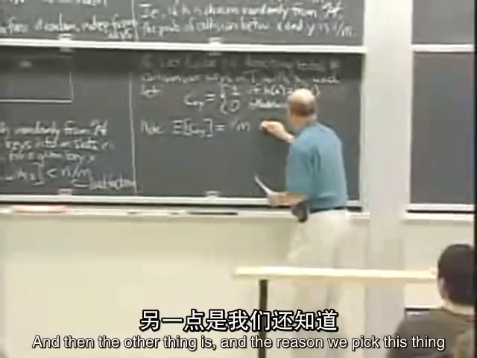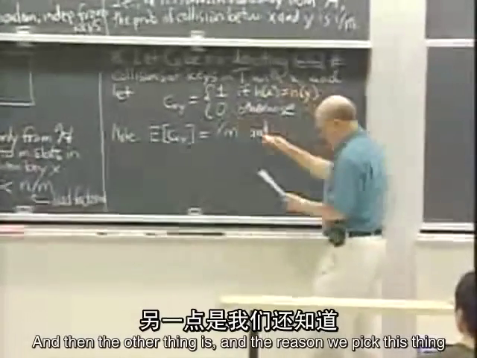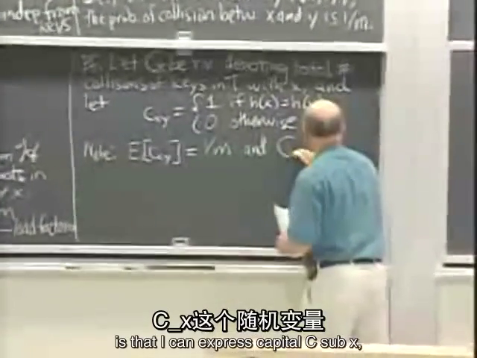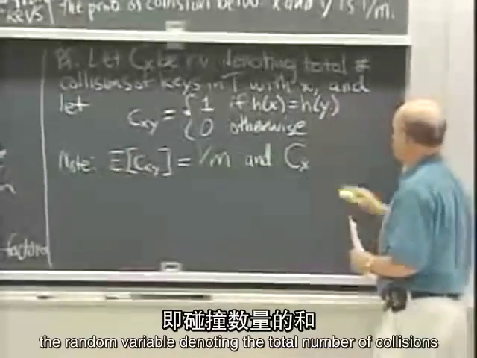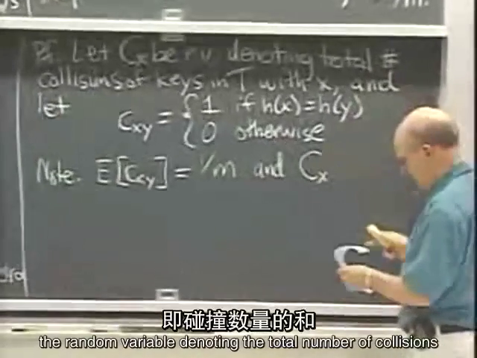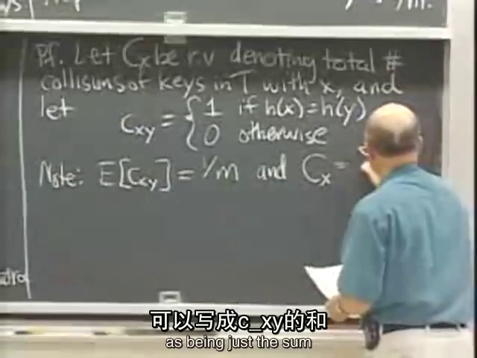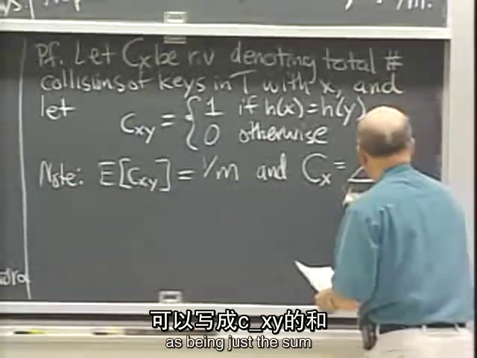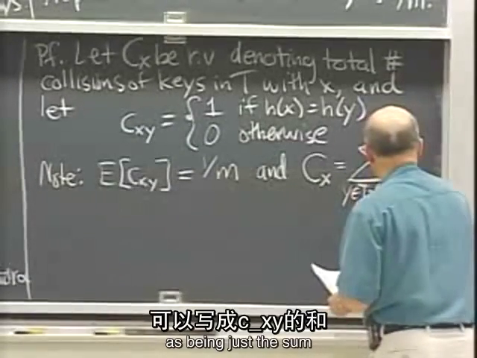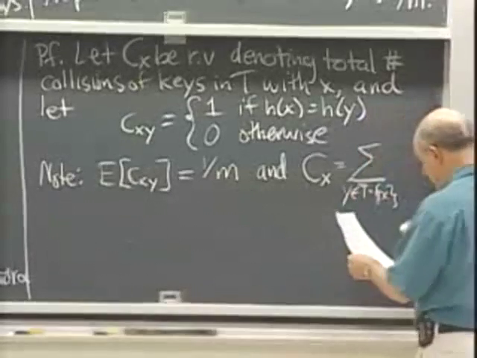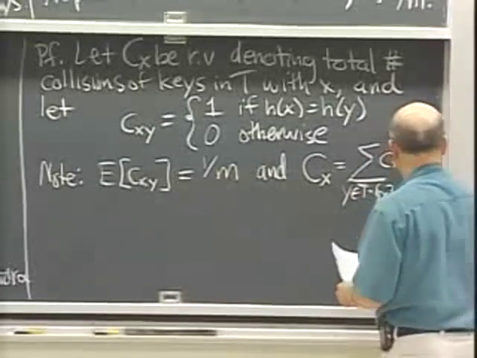And then the other thing is, and the reason we pick this thing is that I can express capital C sub x, the random variable denoting the total number of collisions, as being just the sum over all the keys in the table, except x, of c of xy.